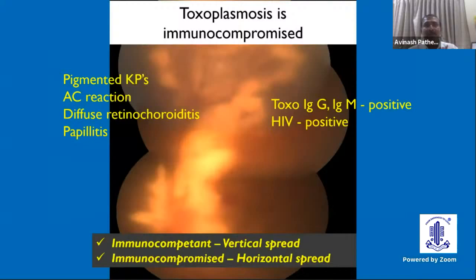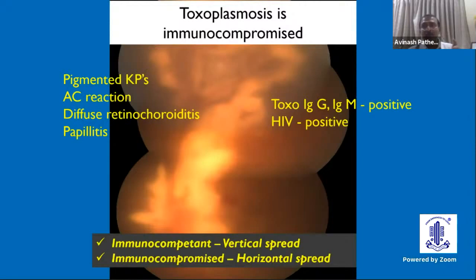The next varied manifestation of toxoplasmosis is the one which occurs in immunocompromised patients. Here, I would like to make a point that toxoplasmosis in HIV is not an AIDS-defining disease. Now, how different is it in immunocompromised patients over immunocompetent?